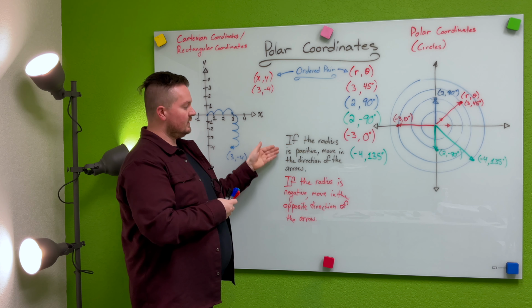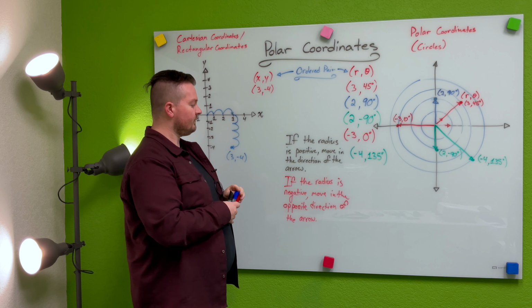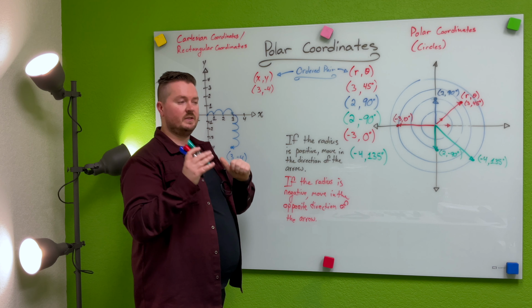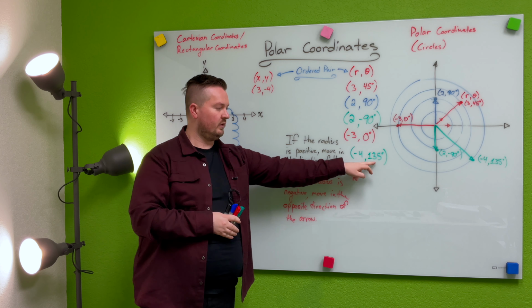So if the radius is positive, we're moving in the direction that our arrow is facing. If the radius is negative, we move backwards, the opposite direction that the arrow is facing when we turn to this angle.